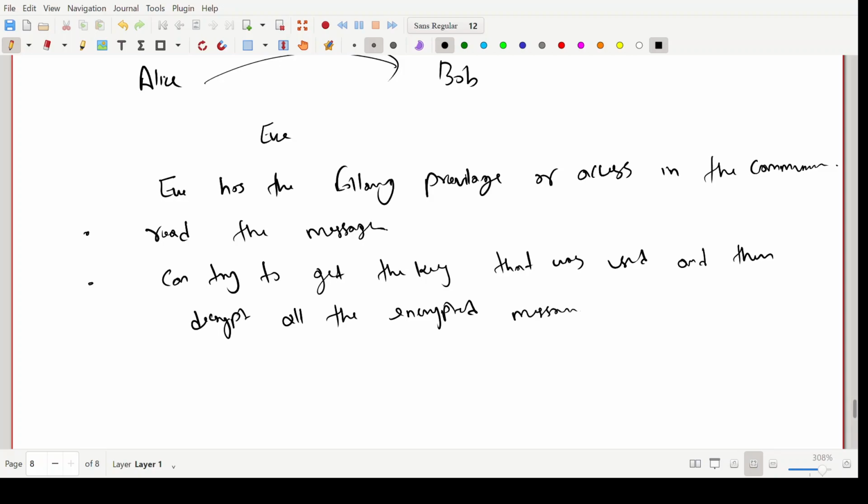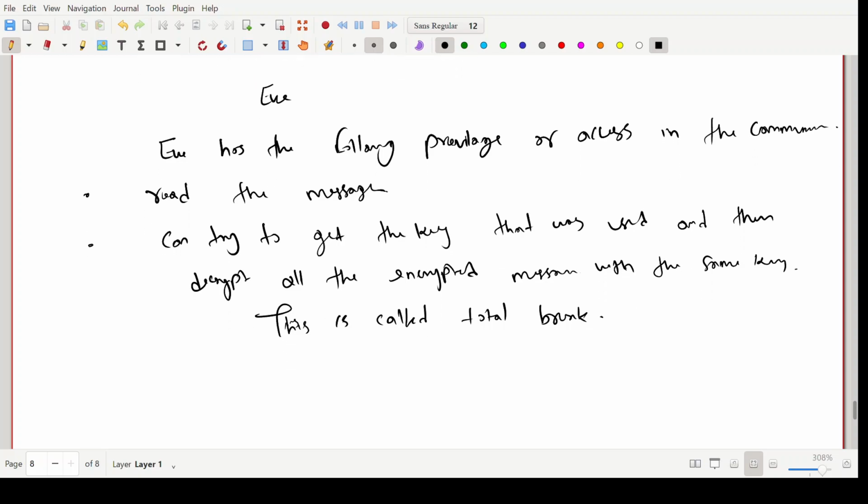If he is able to do this with the same key, this is called a total break. If he finds a key and is able to decrypt all the encrypted messages, then that is called a total break.